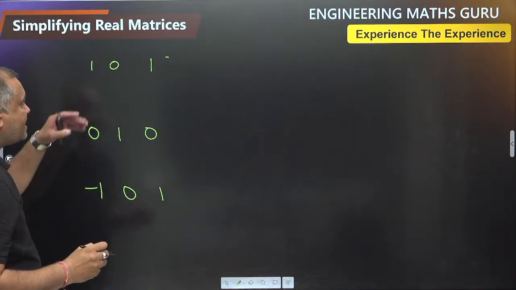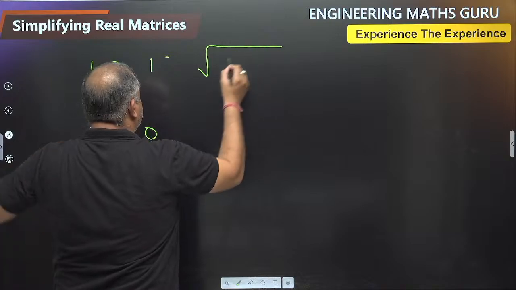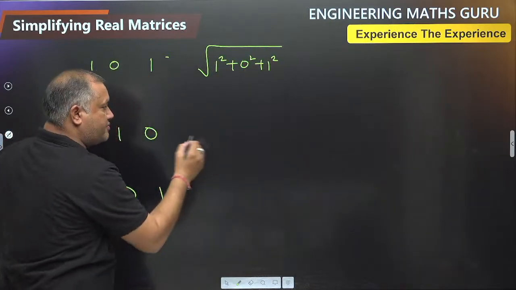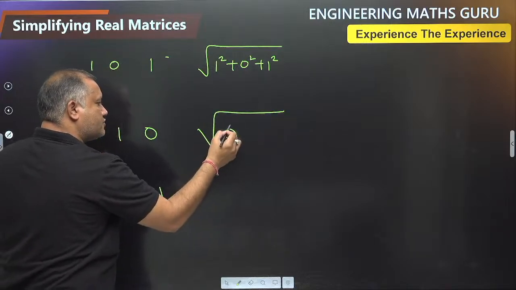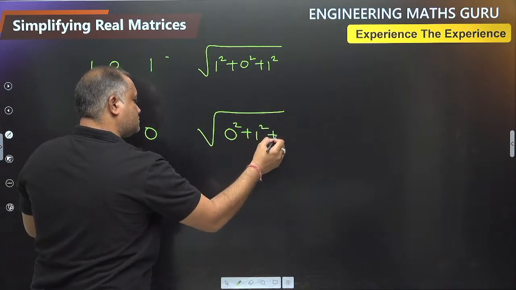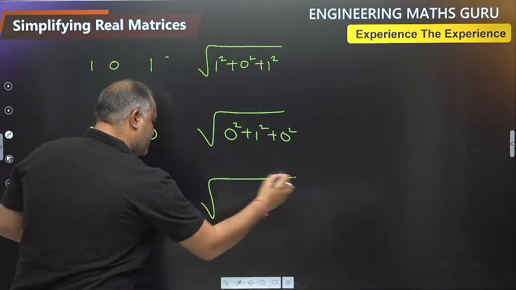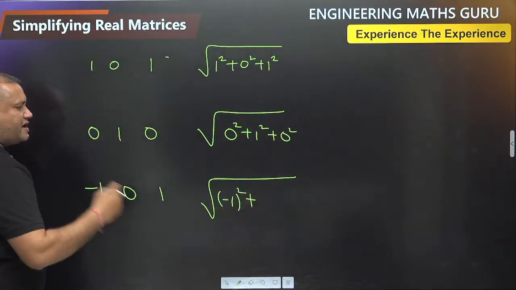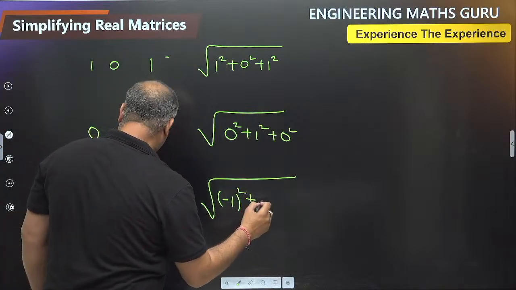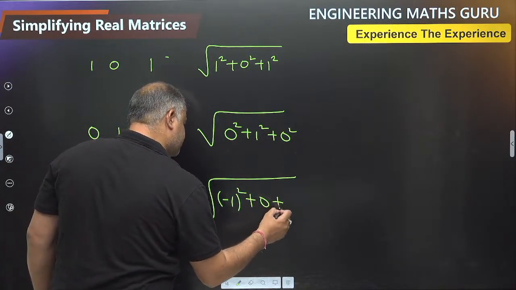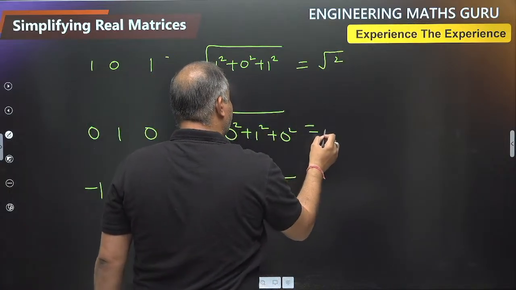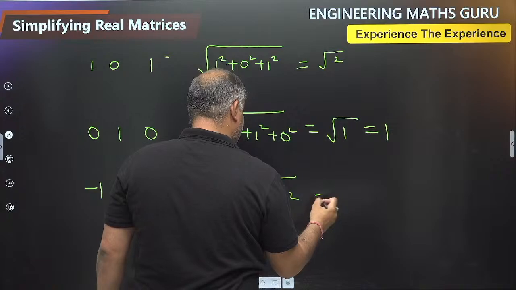Now calculate one factor, 1 square plus 0 square plus 1 square, this is called the norm. Calculate the same here also. So I just listed the numerators, then I am calculating the norm of each of the numerators. So here I am getting √2, here I am getting √1, that is 1, here I am getting √2.